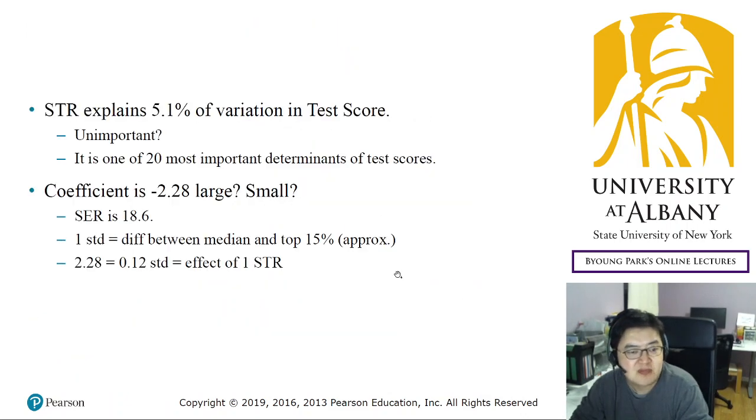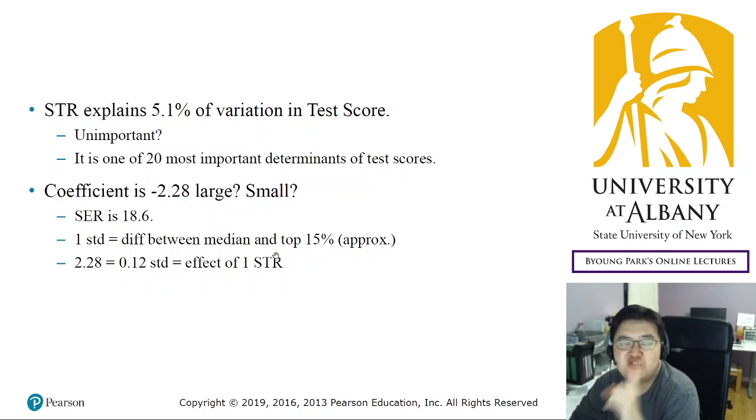So if you use your calculator, you can find that the coefficient is approximately 0.12 standard error of the regression. So 0.12 times 18.6 is 2.28. So the effect of a one-unit student-teacher ratio increase is 0.12 standard error.